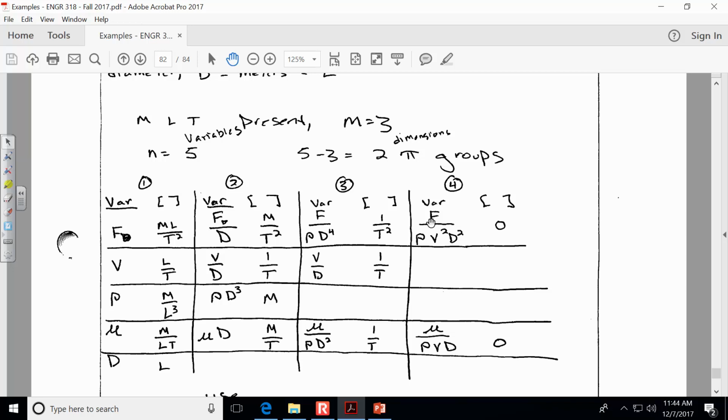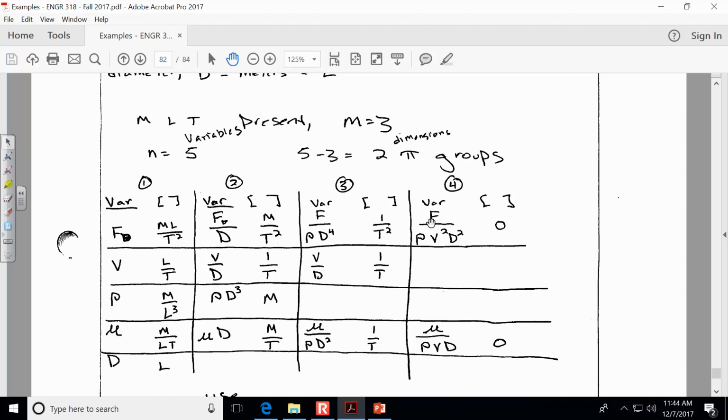Here's our objective. We want to combine variables together to start canceling out units. Remember, we're trying to form groups of these variables that are themselves unitless, so some combination of variables that doesn't have any units. Begin with the most simple variable in terms of its units.